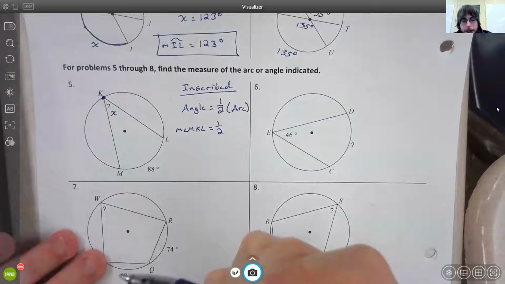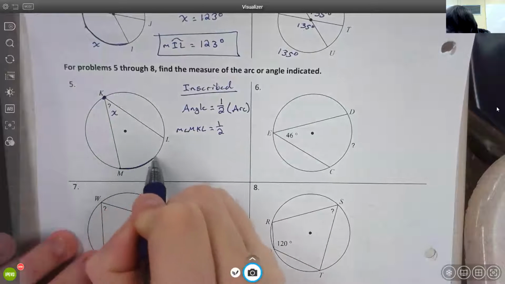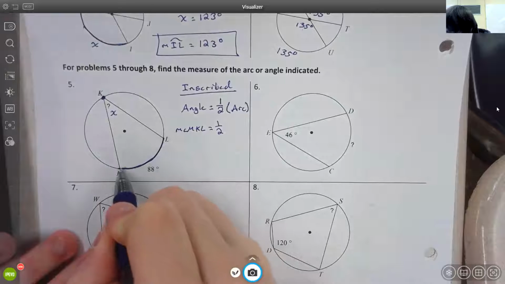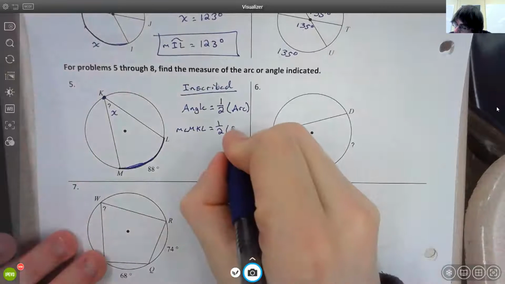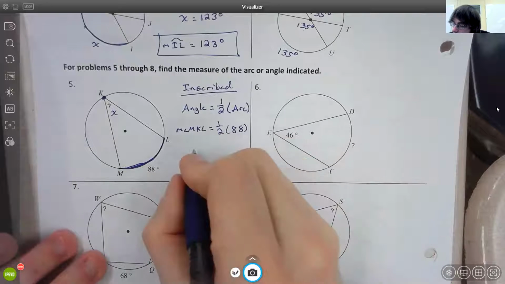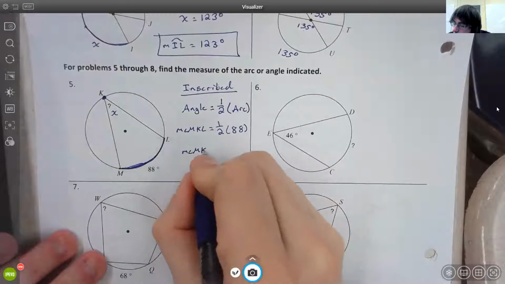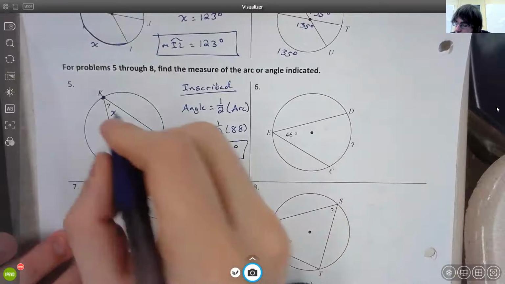Now, what arc does it intercept? Well, here to here is the arc that it intercepts. So our arc that it intercepts is 88. So the measure of K has to be equal to 1/2 of 88, which means that the measure of angle K is 44 degrees.